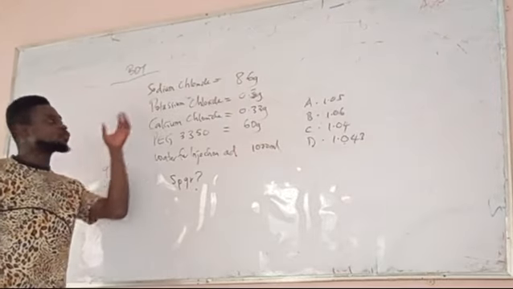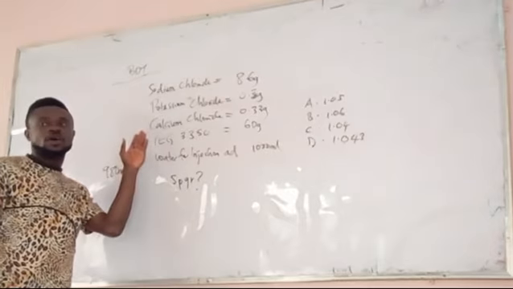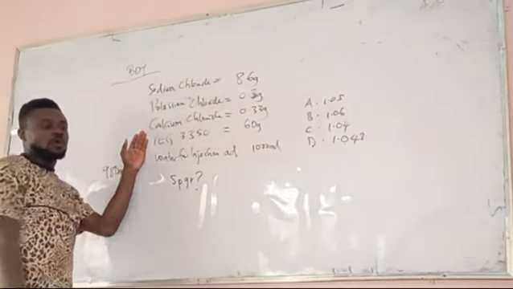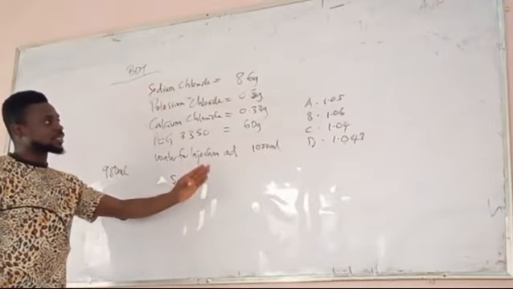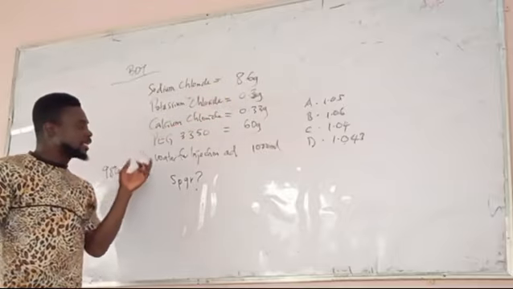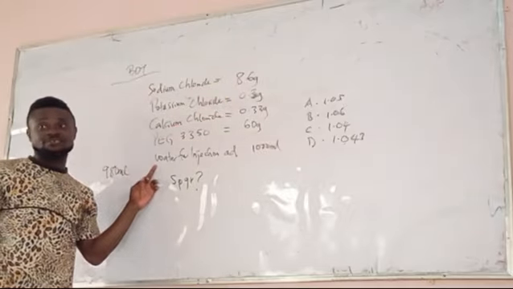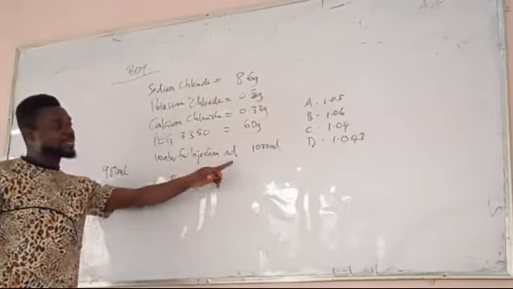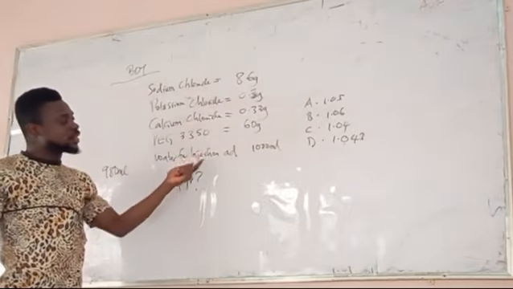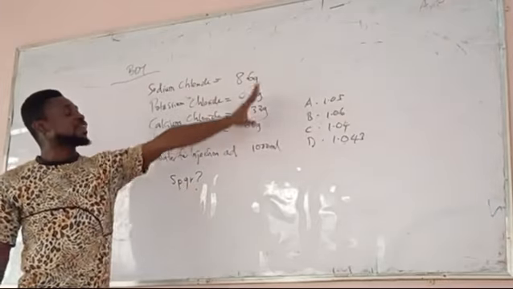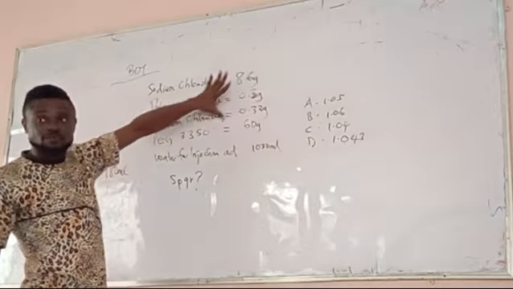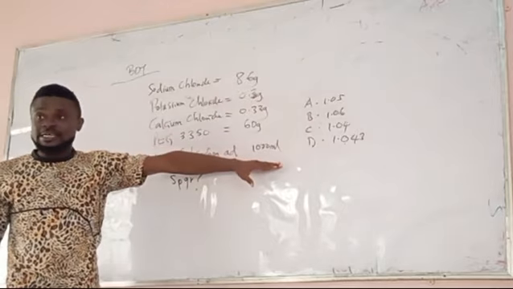We are given this formula for modified Ringer's irrigation. These are the constituents and these are their amounts. This water for injection was used as a variable for the question. It means that they mix these things and use water to make it up to 1000 ml. So the entire volume of this irrigation, the final preparation, is 1000 ml.